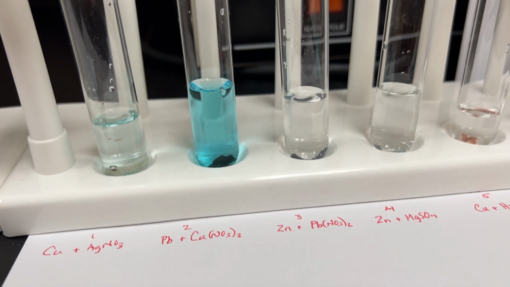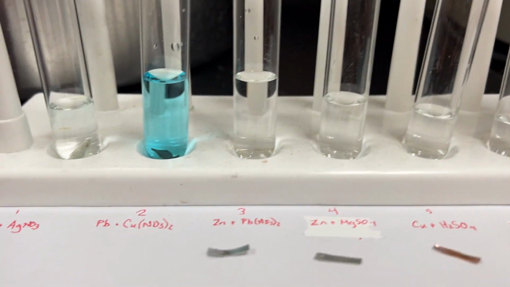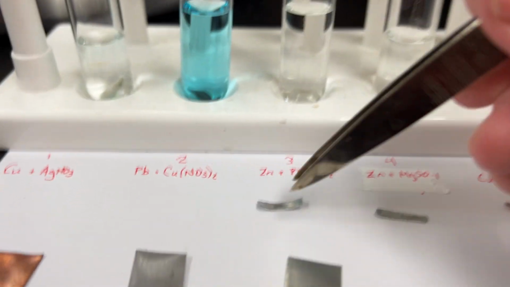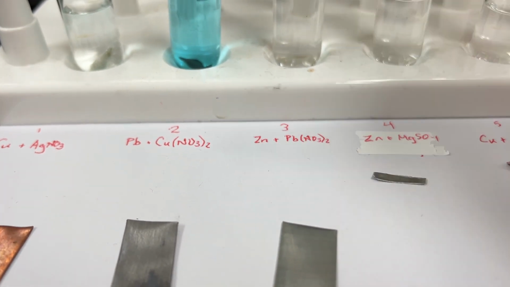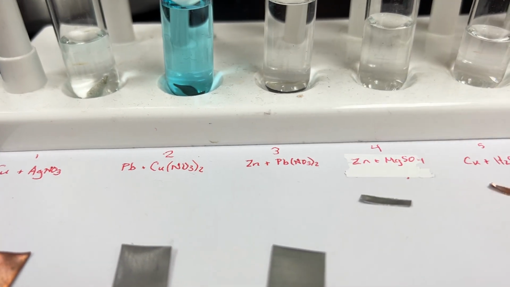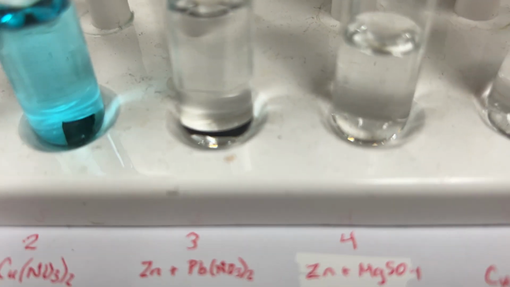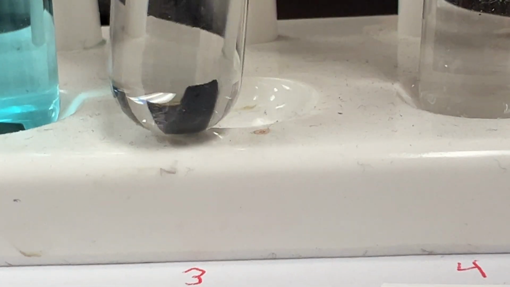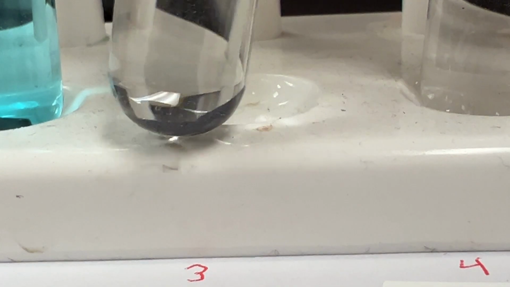All right, the next one is zinc with lead nitrate. And I think right away you can see that it turned a dark color. I want to get the best view of this that I can.